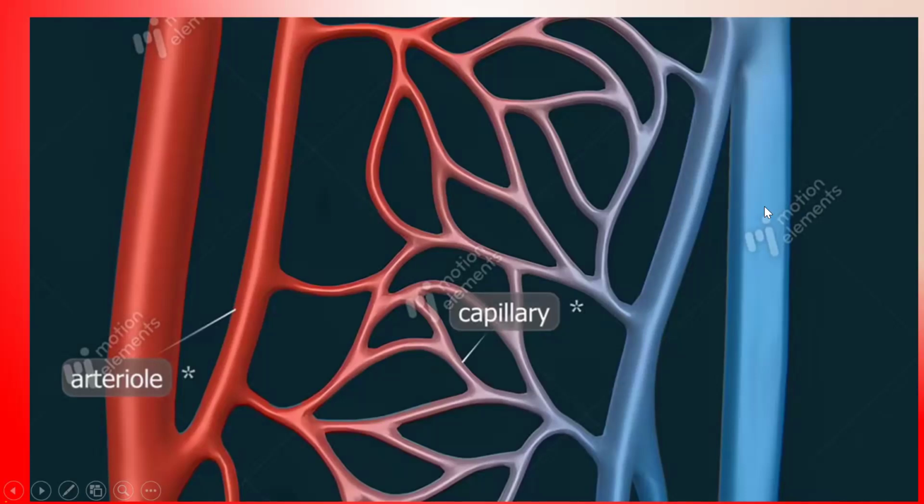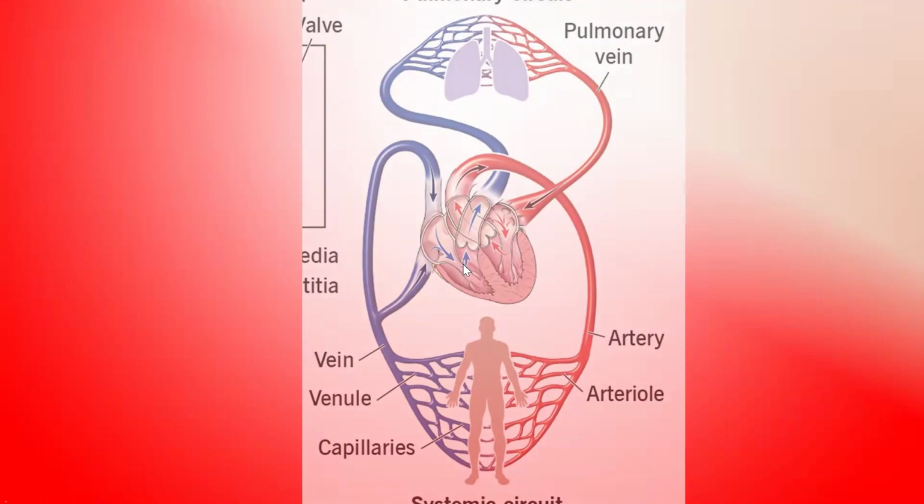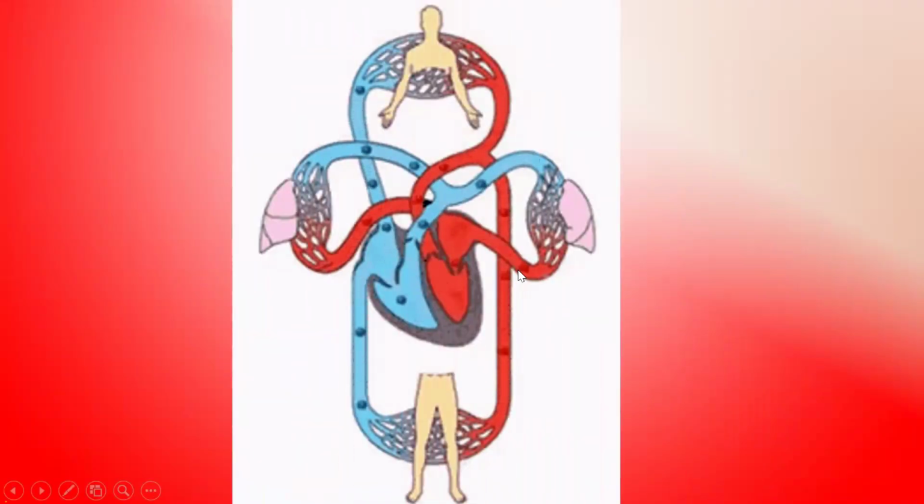Venules further unite into veins, and ultimately these veins unite to make superior and inferior vena cava. Superior and inferior vena cava pour blood into the heart. So in this way, the blood is continuously circulated in our body.